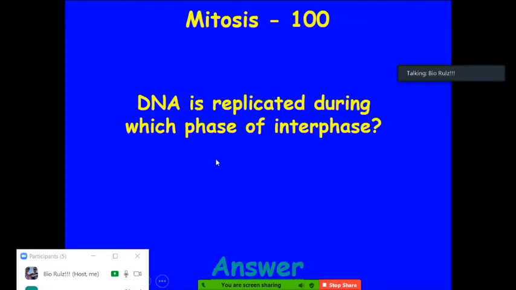Okay, mitosis question. DNA is replicated during which phase of interphase? Remember, there's the G1, the S, and the G2 phase. 30 seconds.